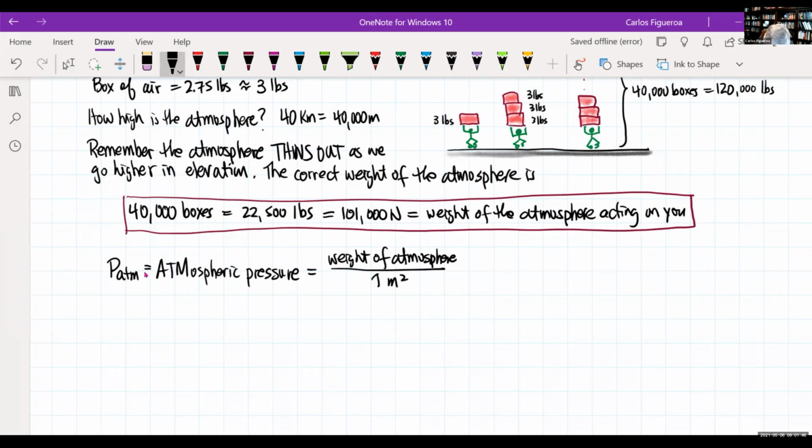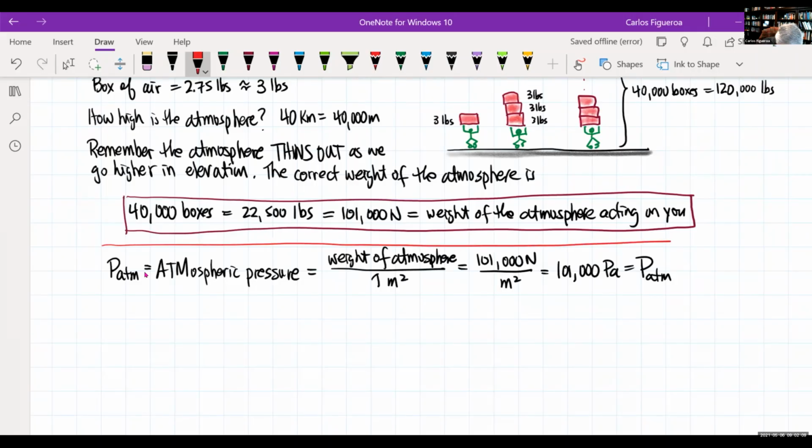Okay, and so when you look at this, this is 101,000 newtons divided by meter squared, and this is what we write as 101,000 pascals, and that's P_ATM. That's what atmospheric pressure is.